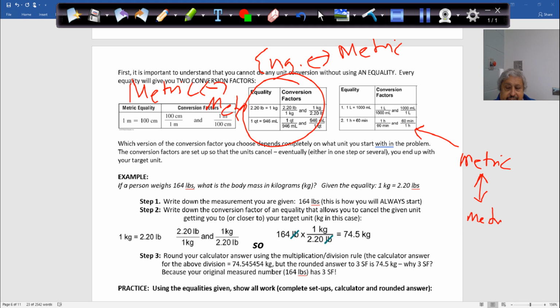Time is always the same in English and metric, but this is mostly milliliters and so on. An example here gives you 1 kilogram is 2.20 pounds, correct? That's the relationship, the setup of the conversion.